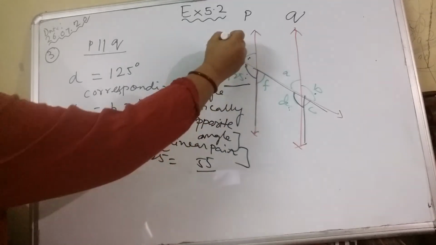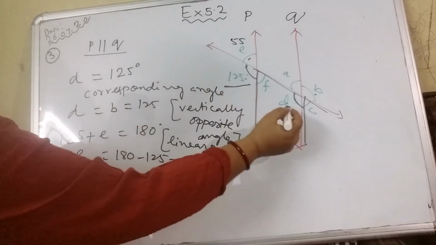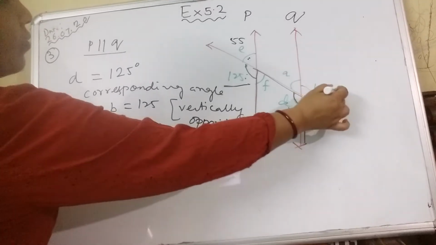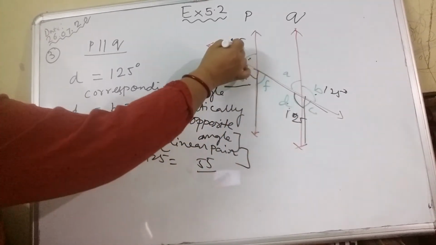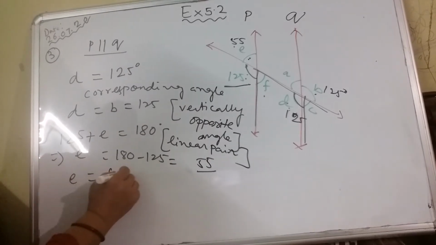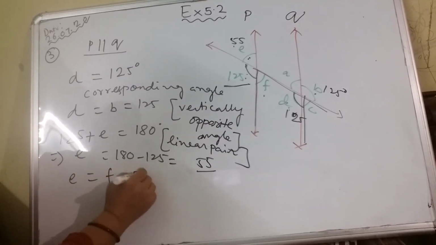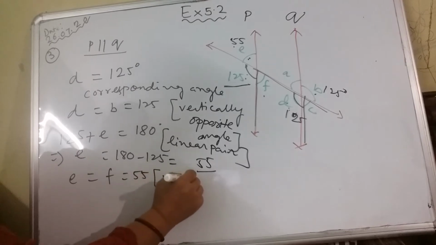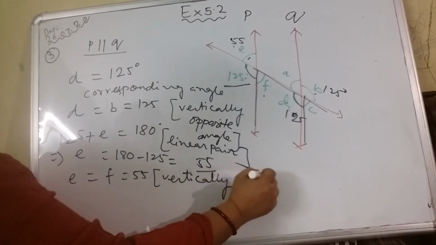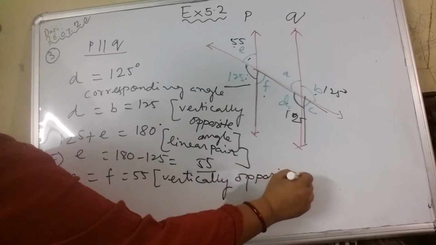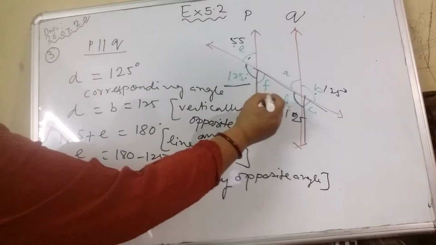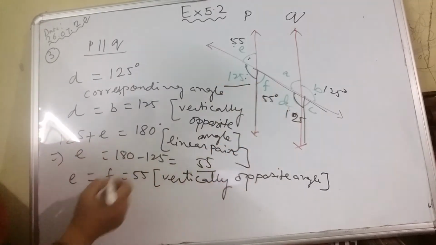So this is 55. E equals F because they are vertically opposite angles. Now this also is 55 degrees.